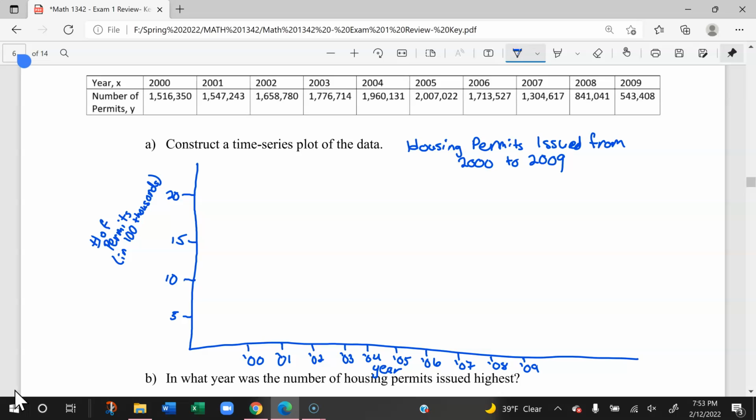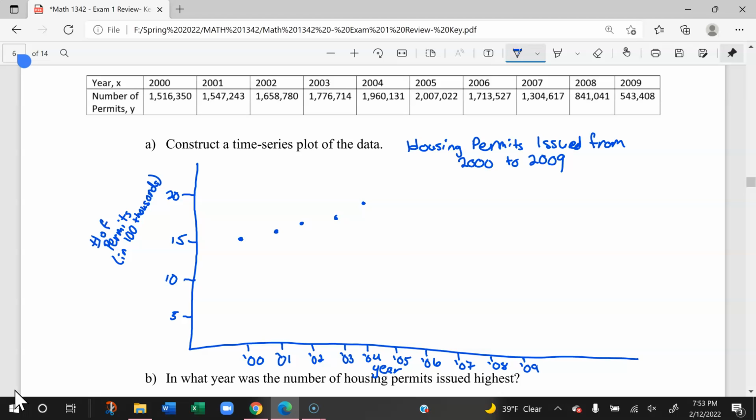And then in 2000, we were at about 15, because that would be 1,500,000. And then here we were a little bit above it. And then here we were at 16, so a little bit higher. And then a little bit higher. Here we were almost at 20.